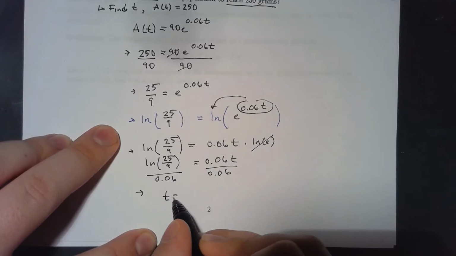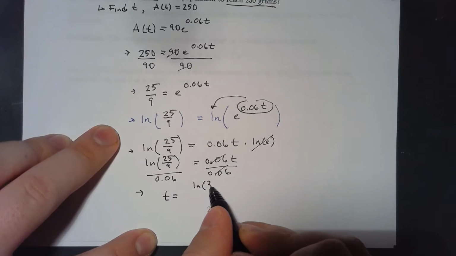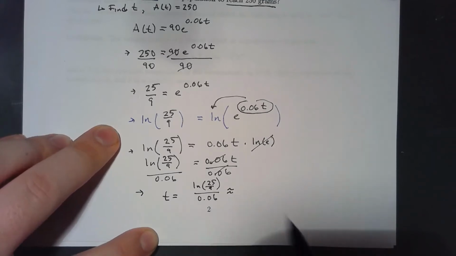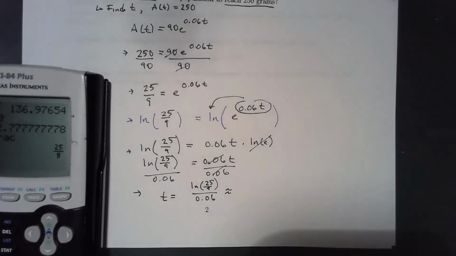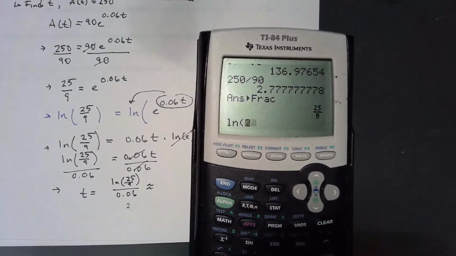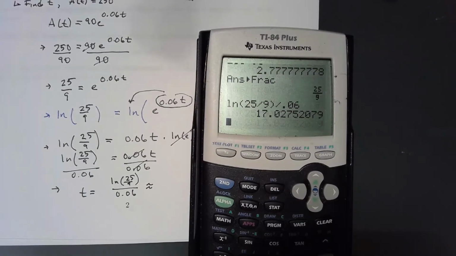So we'll get t equals ln of 25 ninths over 0.06, which is approximately what? So natural log of 25 divided by 9, divided by 0.06, gives me roughly 17.03.